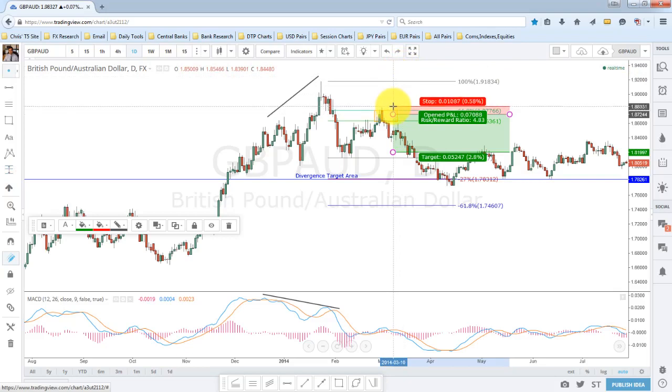Stop just above that area right there, and then targeting down here near this extension would give us something somewhere around a 9-to-1 reward to risk ratio. Okay, a 9-to-1 reward to risk ratio, maybe using a 100 pip stop or even a little bit less, instead of using a 520 pip stop.